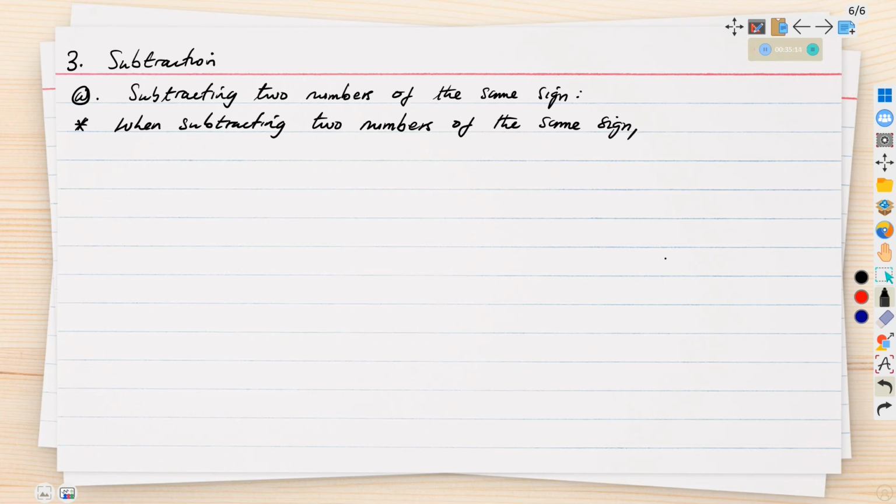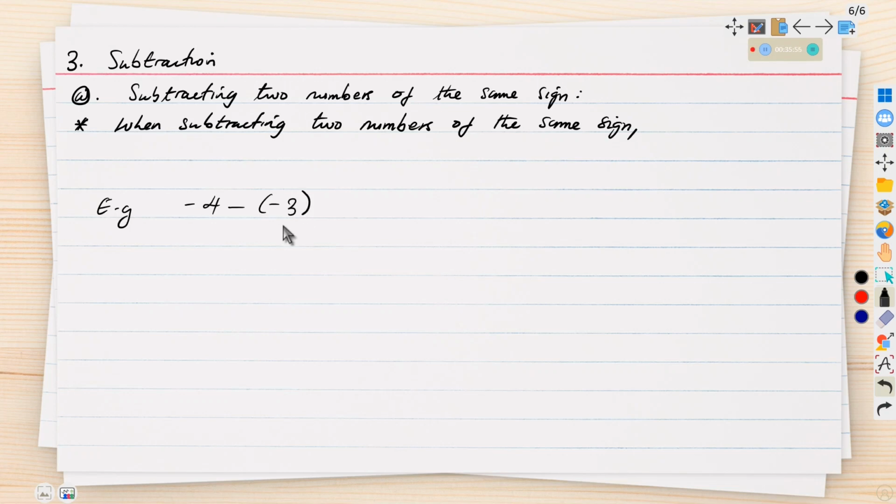it's like adding the two numbers and keeping the sign of the large number. Subtracting two numbers of the same sign is quite a bit tricky. Let me put it this way. We have negative 4, then minus negative 3.